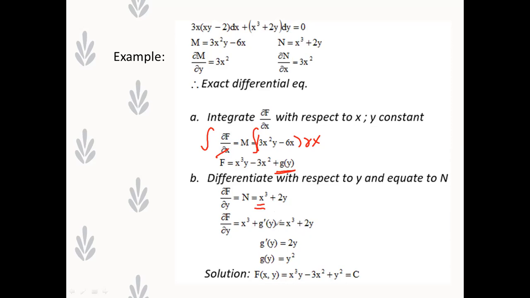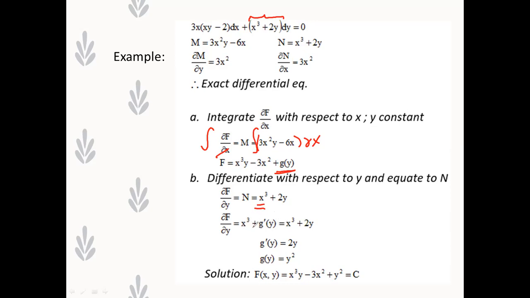Now, you may ask, Miss, where did it come from? Where did the differentiate of f with respect to y come from? It came from your original DE. This is your N, which you will equate to the partial derivative of f with respect to y. So, that is its partial derivative.